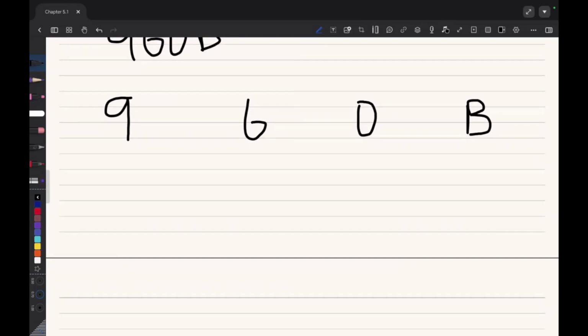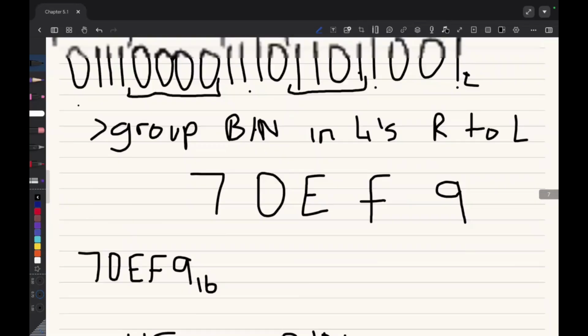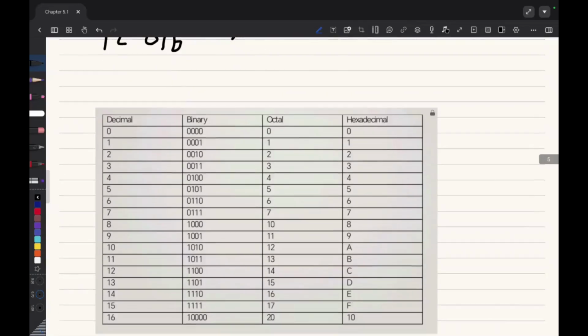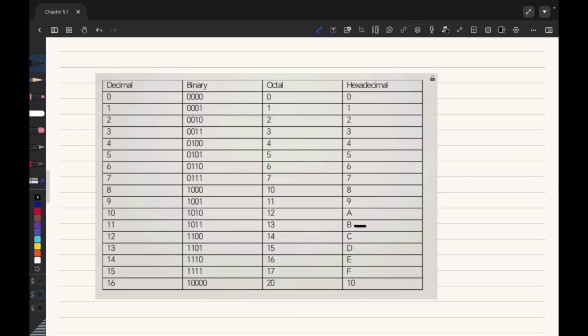Okay, now let's start from B. At B, we know that this is going to be, let's see, 10, 11, 12. B is 12, but according to the table, it's 11, if I'm not mistaken.